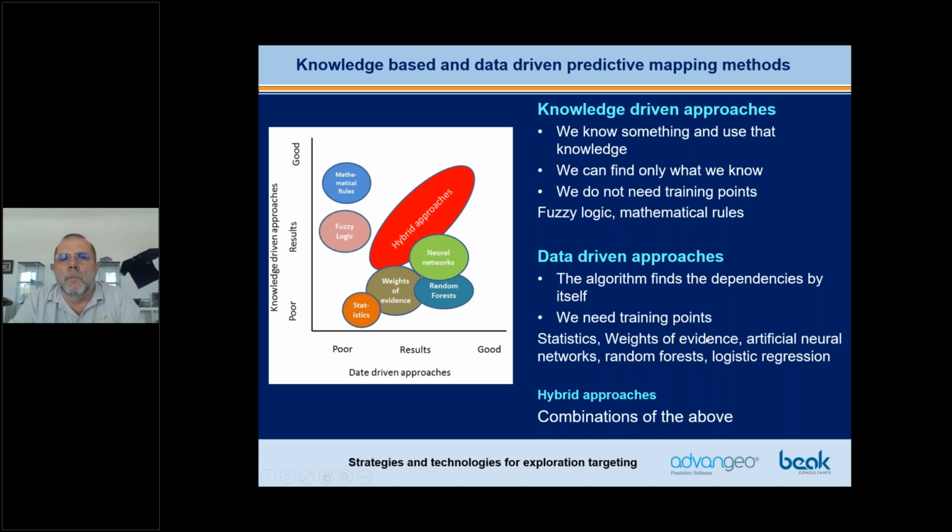Here we have now more advanced possibilities, statistical methods and neural networks. Neural networks is a kind of artificial intelligence.